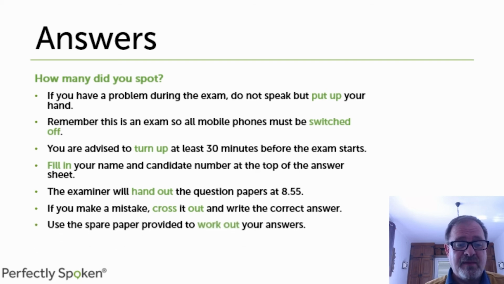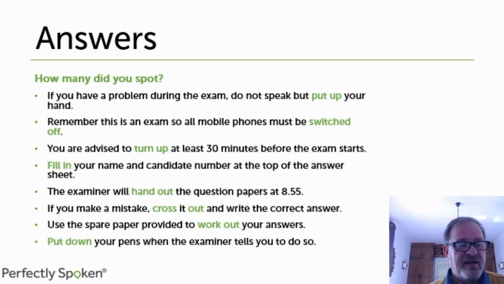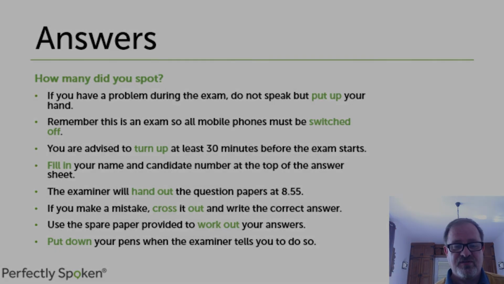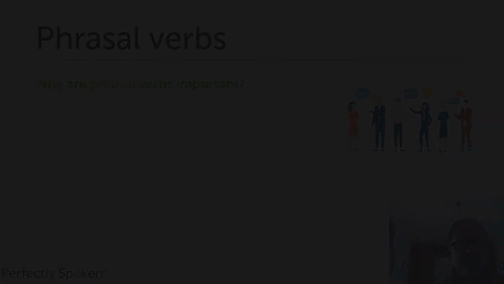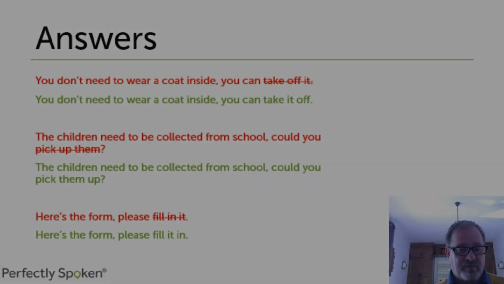Use the spare paper, the extra paper you're given, provided to work out your answers, to try to find a solution or to try to prepare what you're doing. And finally, put down your pen literally on the table when the examiner tells you to do so. The particle when it's the pronoun it.